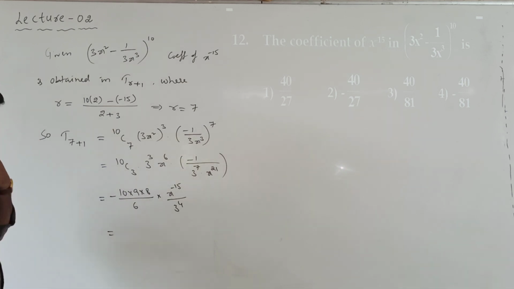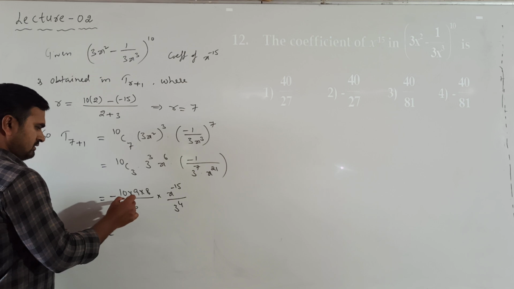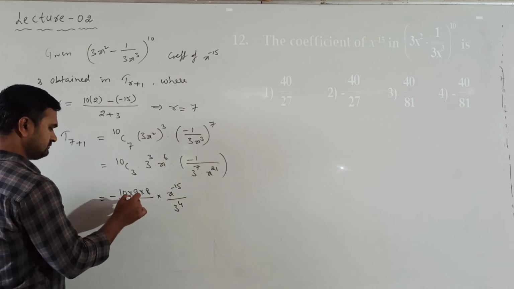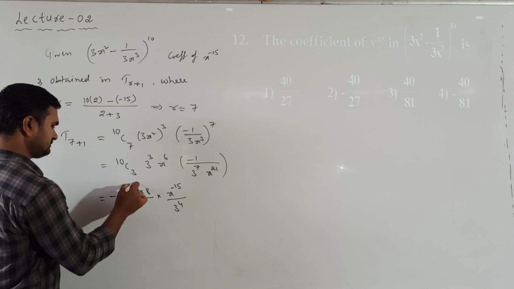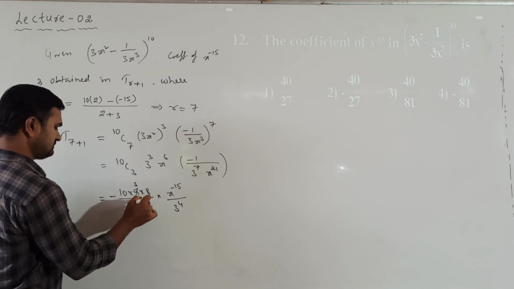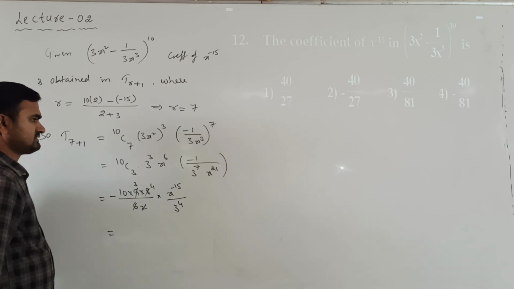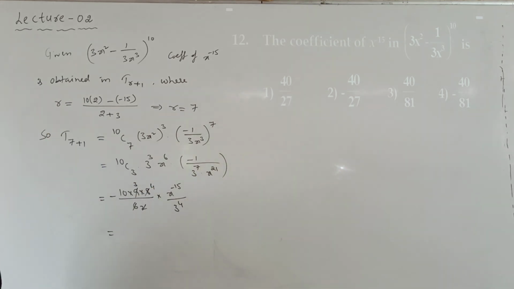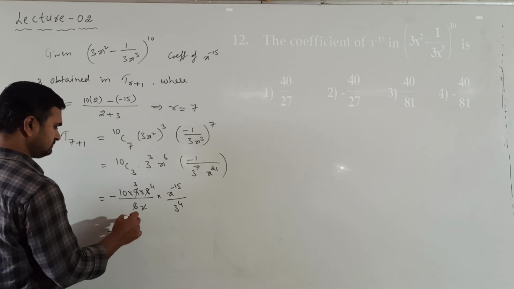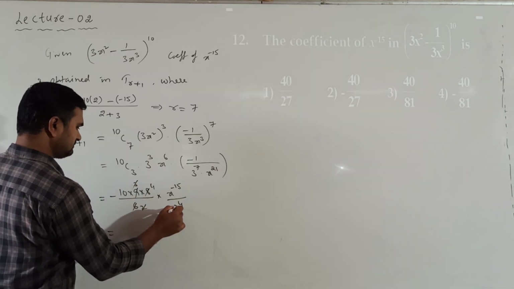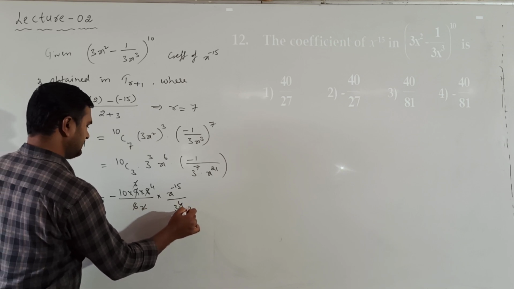So simplified form. 3 2s are, 3 3s are, 3 2s are 2, 4 times we can cancel. Next 3 to the power of 3, times we can cancel.